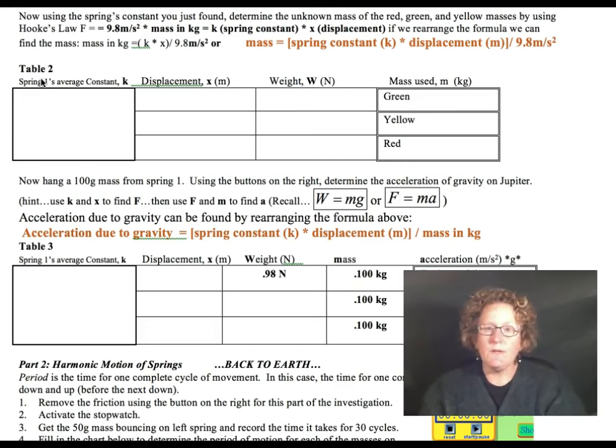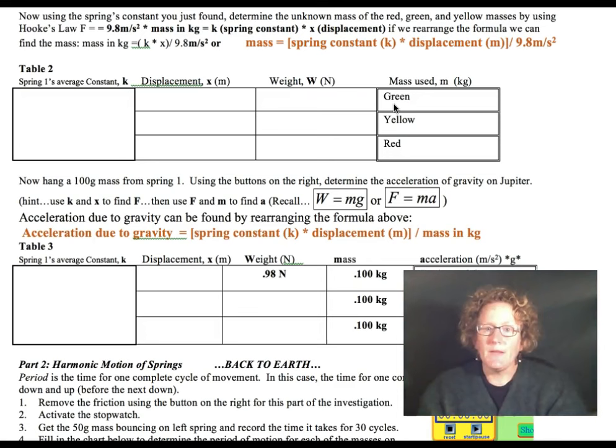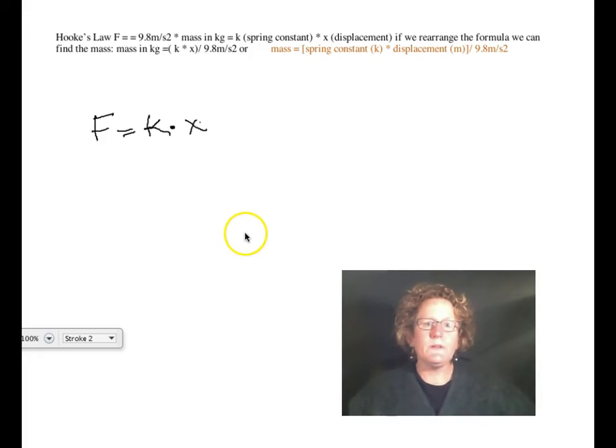Those red, green, and yellow masses, we're going to put one of those on spring 1, measure how much its displacement is, and we'll figure out what the weight is, and we can figure out the mass from there. And I'll explain all this math here. We'll go to a screen where we can do a little bit of algebra. So let's do a little algebra here.